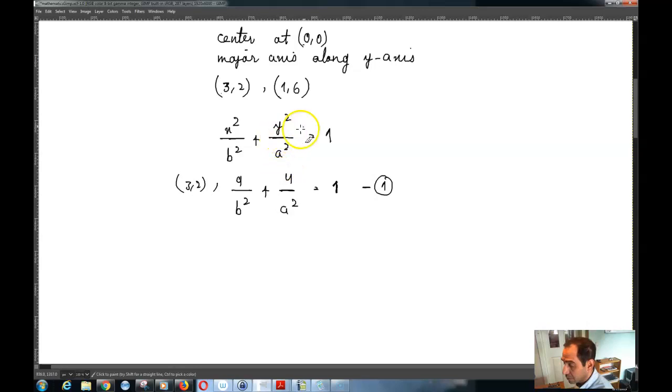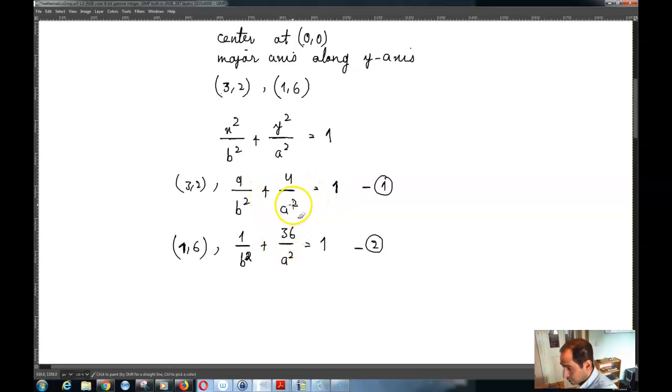Then the same ellipse goes through this point as well, 1, 6. So I can write 1 divided by b squared plus 36 divided by a squared is equal to 1 again. And I call this equation number 2.